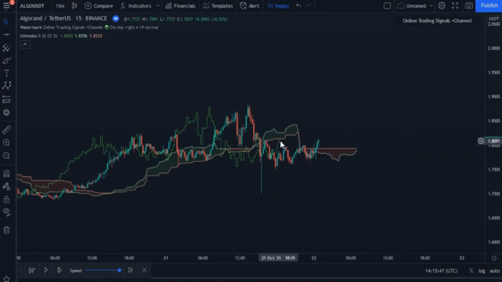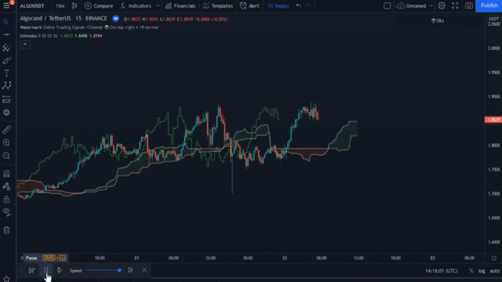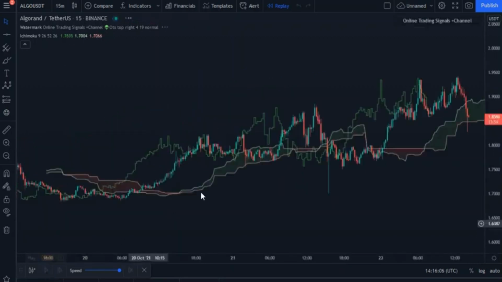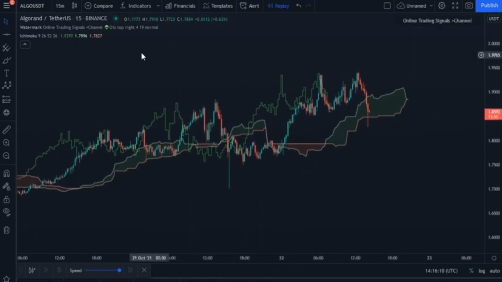Now the lagging line is here, and it hasn't broken through the cloud yet. But when the cloud was breached, this candle appeared here, the entry candle. When you follow the trend, you will notice that the entry signal was late in appearing, because we relied on the lagging span, and that is why I said at the beginning, I do not recommend that you rely on it in determining the entry and exit point.